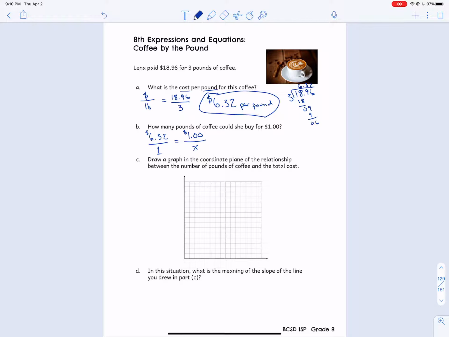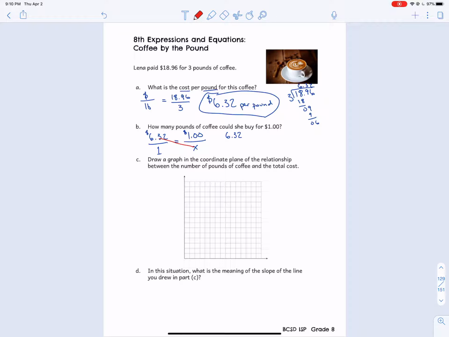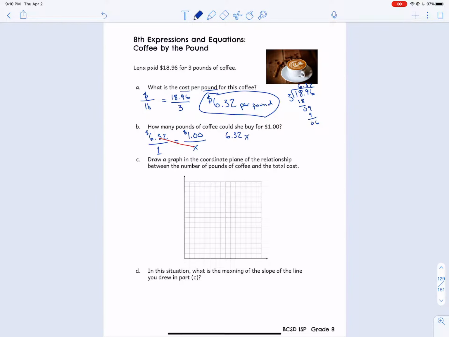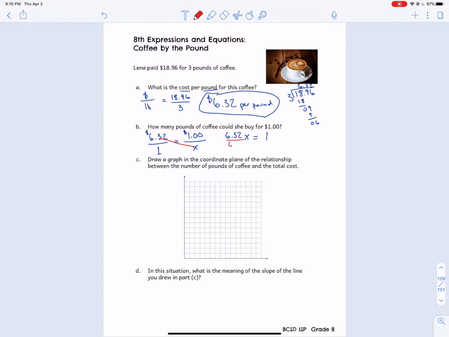Cross multiply. So I'm going to write this out as 6.32 times x. 6.32x equals, and then 1 times 1, which is 1. Okay, and then we can just divide both sides by 6.32.